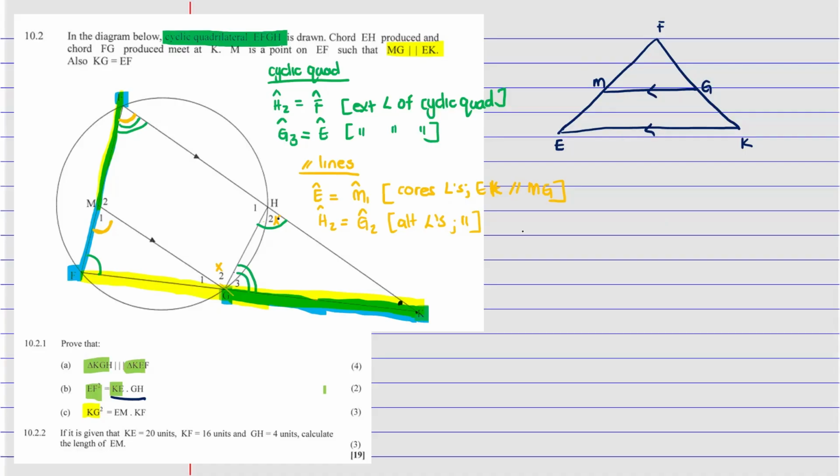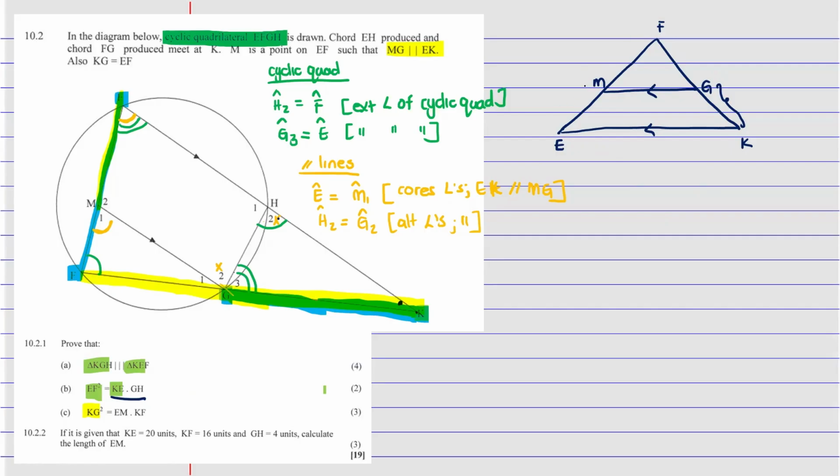What they want here is this portion, and I'm going to mark it in curved brackets. They talked about KG. KG is this one, K and G. They talked about this one. Then another one is going to be EM.